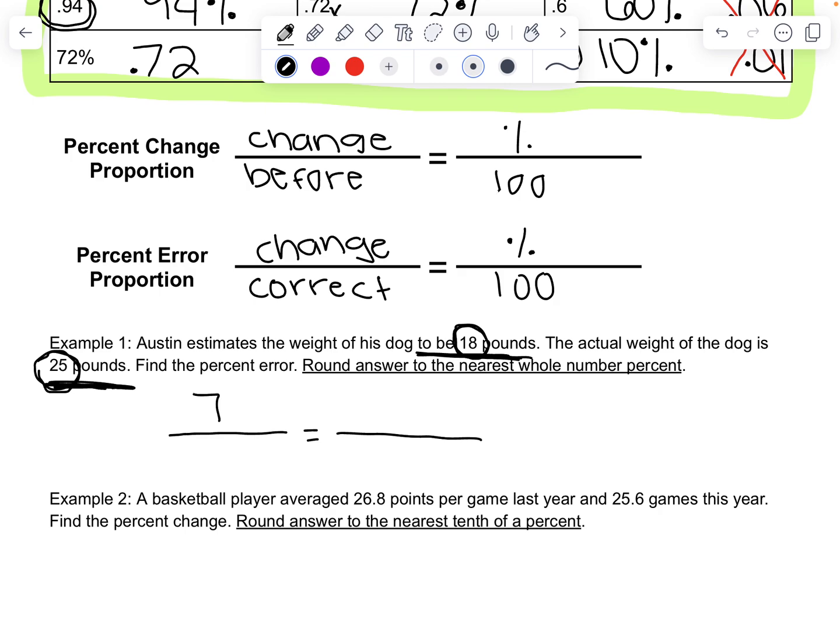The actual weight of his dog is 25 pounds. So then I can multiply: 7 times 100 divided by 25, and we get 28%. So he had an error of 28%. That's pretty high. He was off by 28%. We'll talk about tomorrow what a good and what a bad percent error is. Today we're just going to find it.